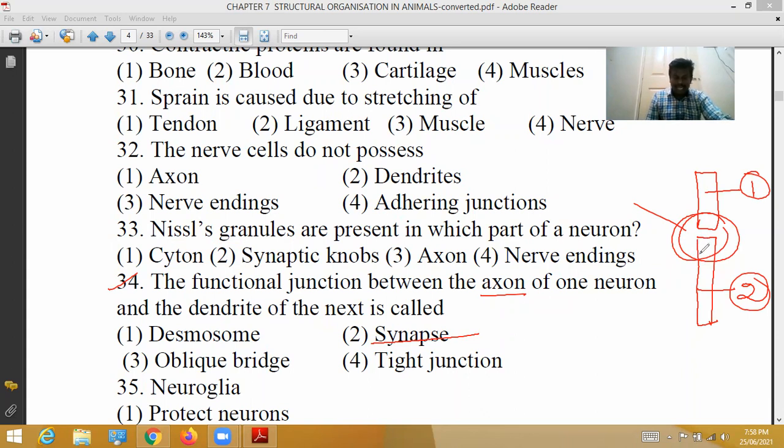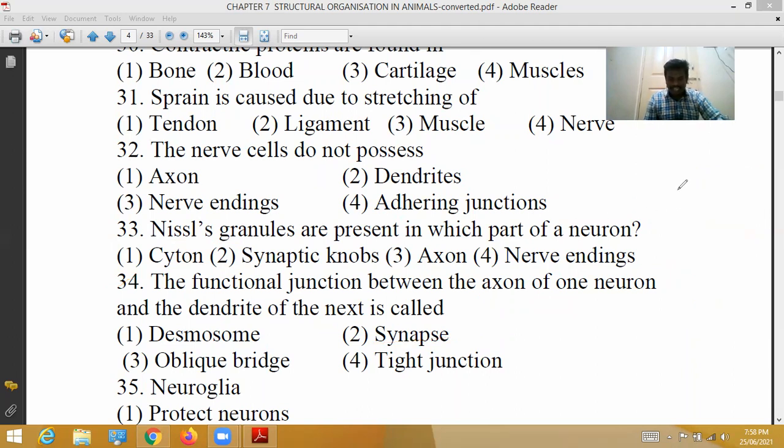Synapse is between the axon terminal of one and the dendrite terminal of another. See here, this is called axon. The axon consists of nerve endings.